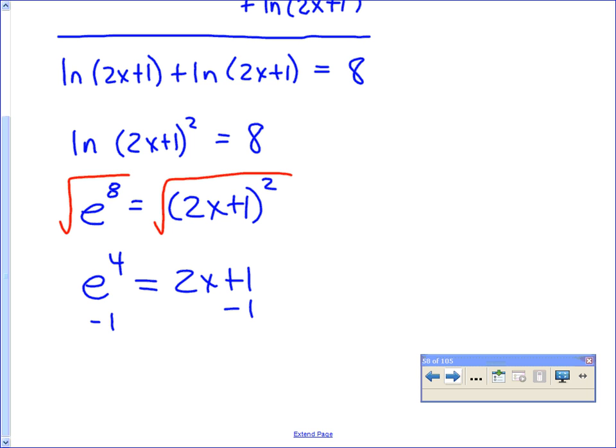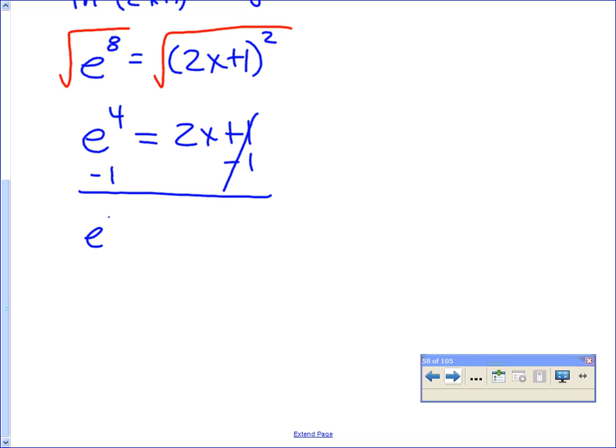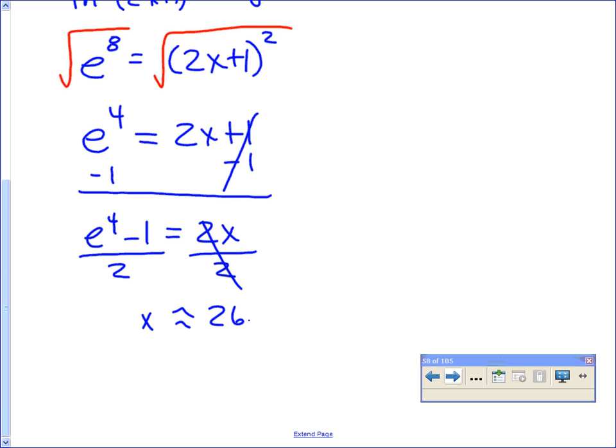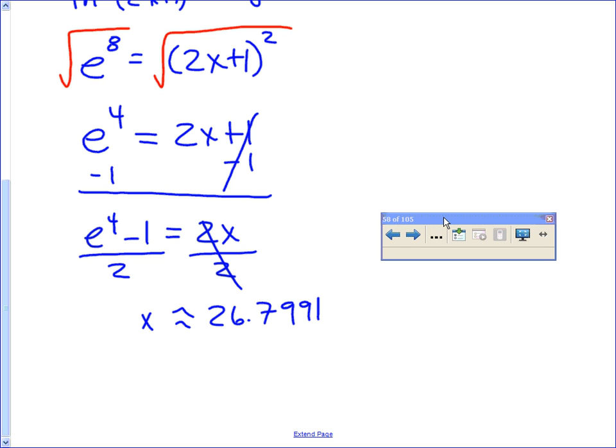So I'm going to subtract 1 from both sides, and e to the 4th minus 1 is equal to 2x. I divide both sides by 2, and when I simplify, I find out that x is going to be approximately 26.7991. Okay, and that's the last problem for section 5.6.